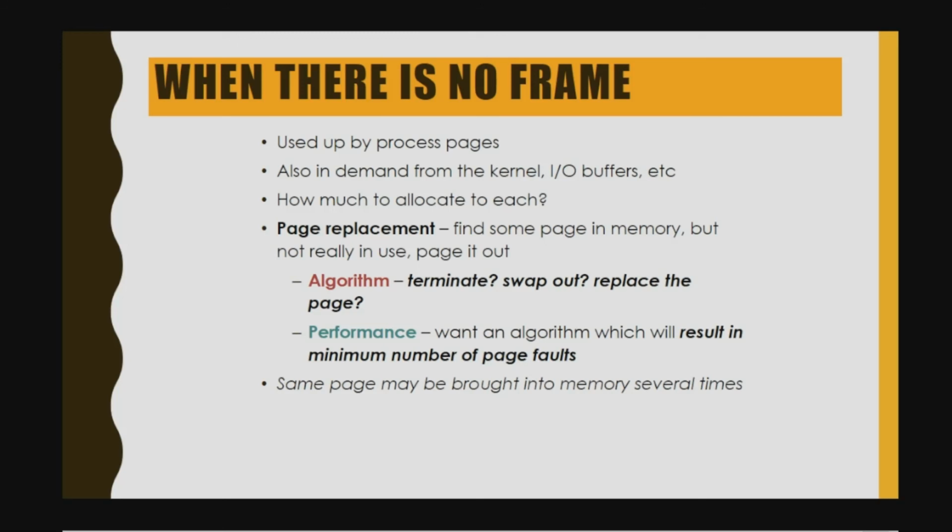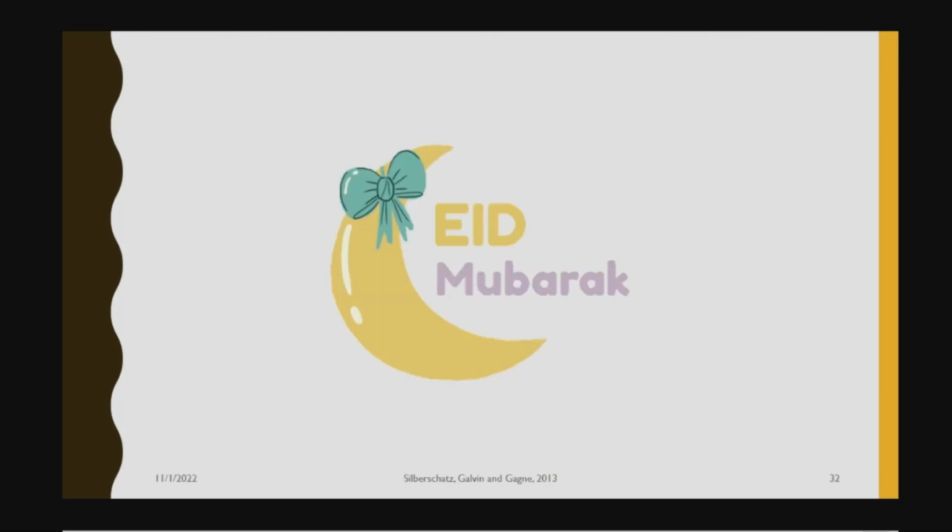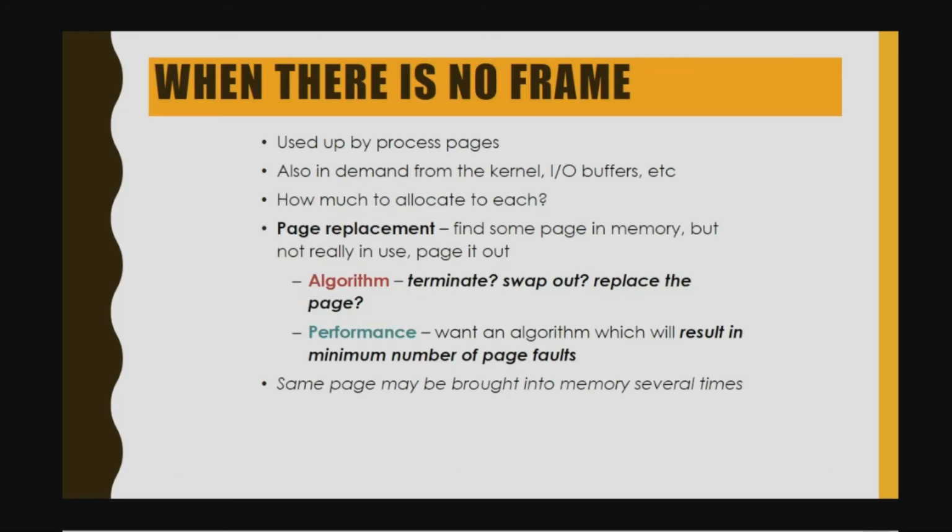What happens when there is no free frame? Memory is used up by process pages and also in demand from kernel, input output buffers, and so on, and how much to allocate to each is a question. Page replacement here means finding some page in memory that is not really in use and paging it out. The algorithm finds a victim, swaps it out, and replaces the page.